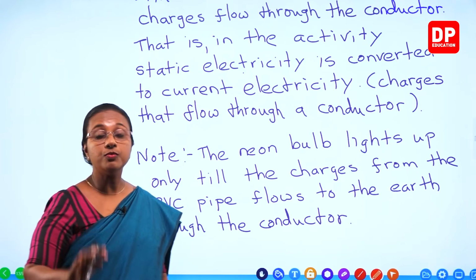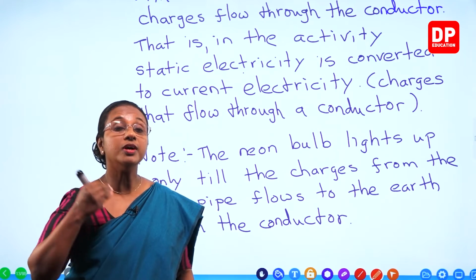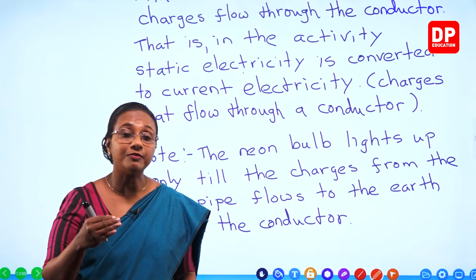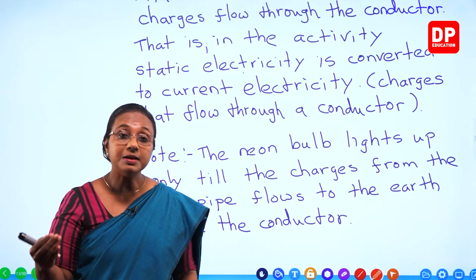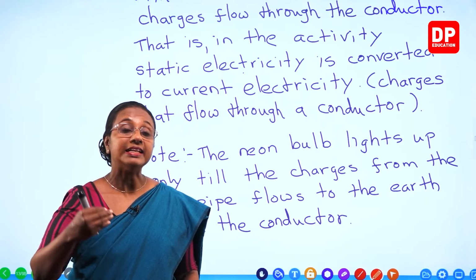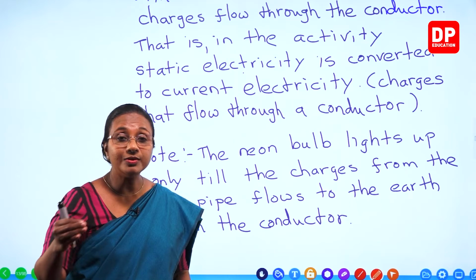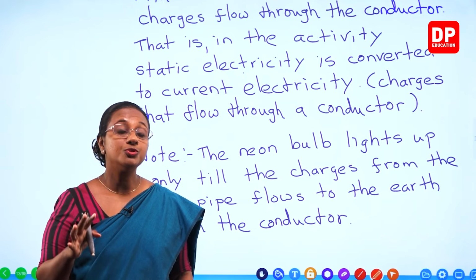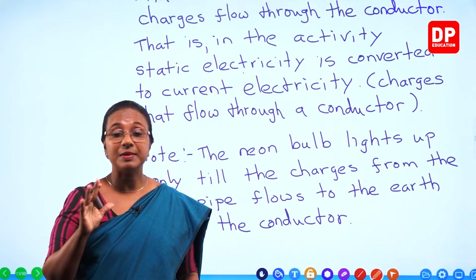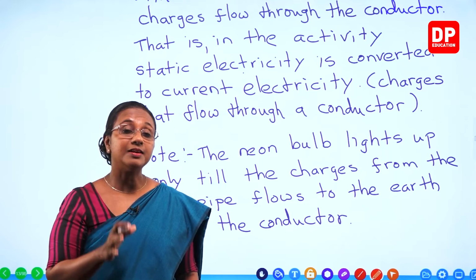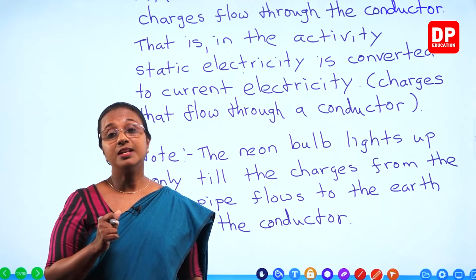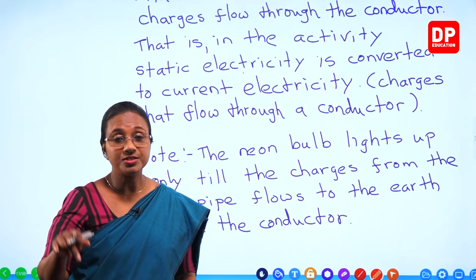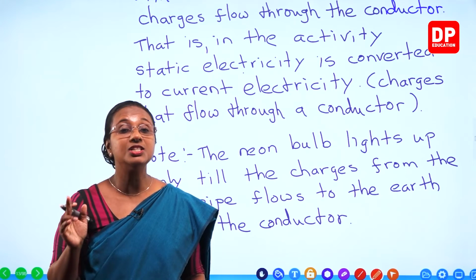So, if you want current to flow continuously, then of course you will have to supply a power source that can provide continuous flow of charges. Usually the materials are made up of atoms, and the atoms have protons and neutrons in the nucleus, and electrons are the ones moving in the shell.